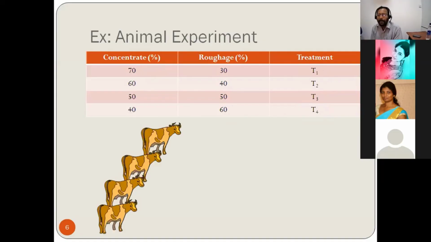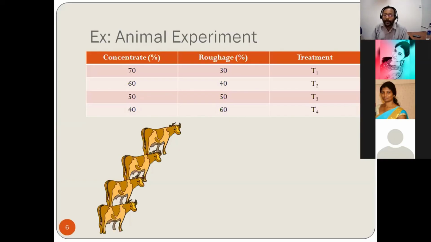So how many minimum cows do we need to try these 4 treatments? I need at least 4. Can I try all these combinations with one single cow? We can't, because all treatments are different, so we cannot evaluate which ultimate effect is coming from which treatment.